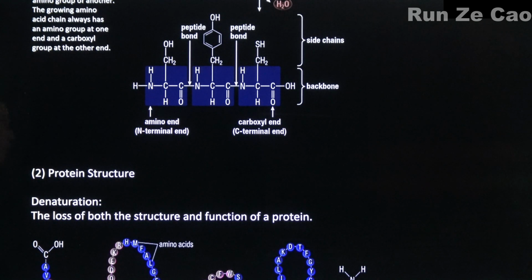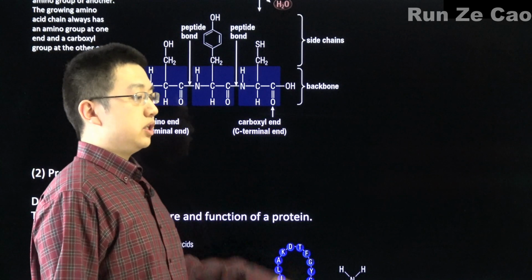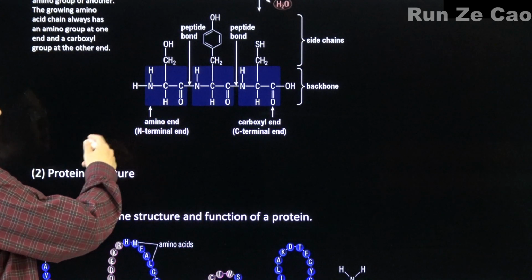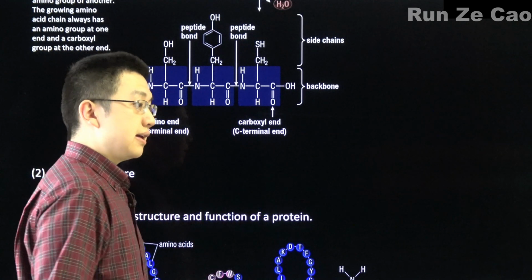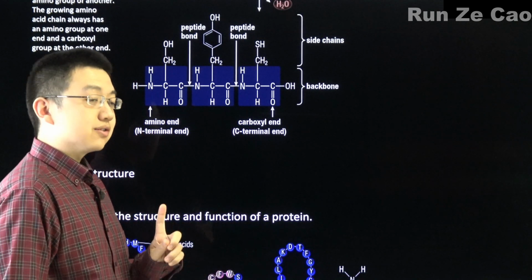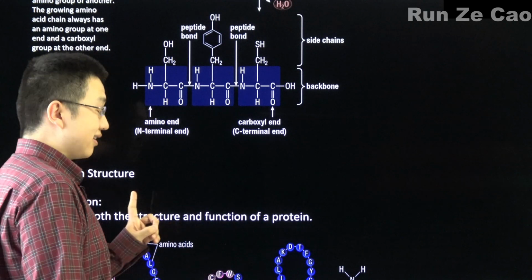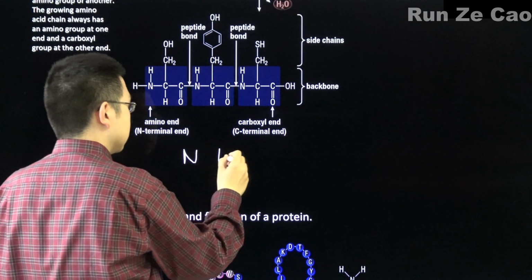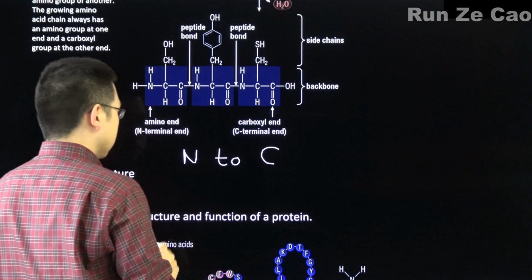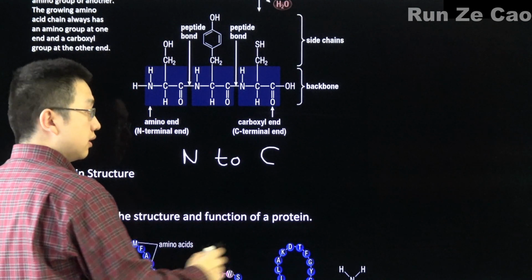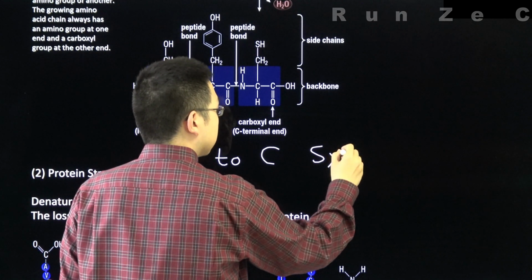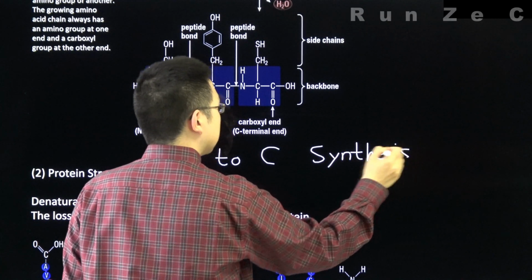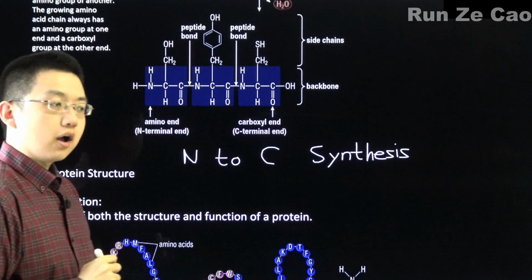Well, given the fact that English is a left-to-right language, and this diagram has N on the left end and C on the right end, we point out that when we list the amino acids, we list them N to C. So synthesis is also N to C. We add new amino acids at the carboxyl end.